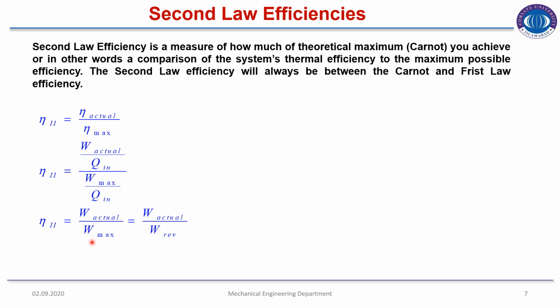Maximum work is obtained only by a reversible heat engine, therefore W max is replaced with W rev, the work output of a reversible heat engine.